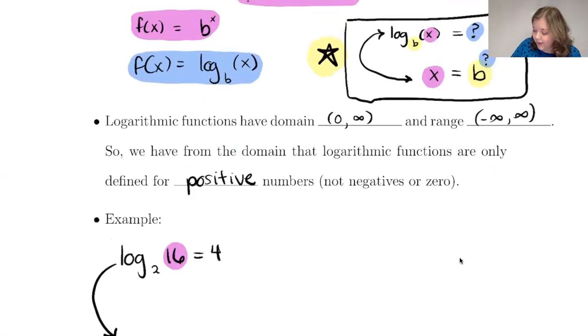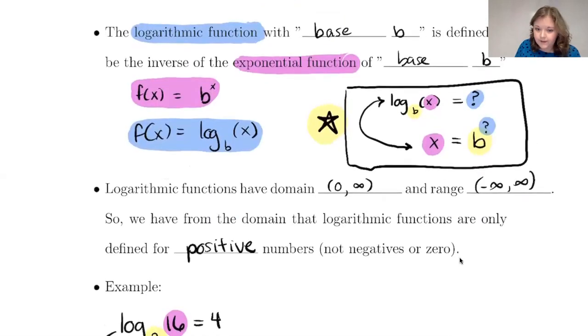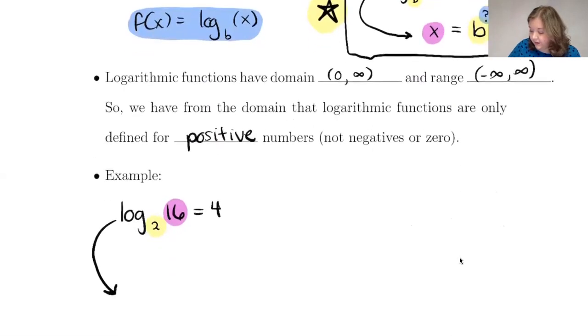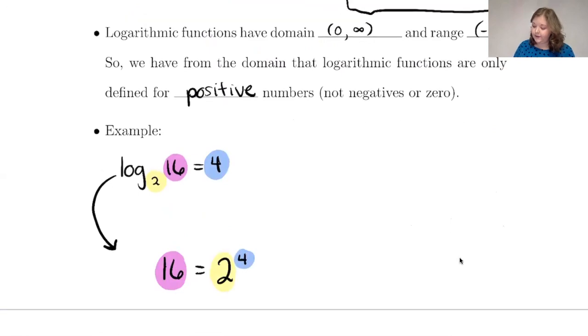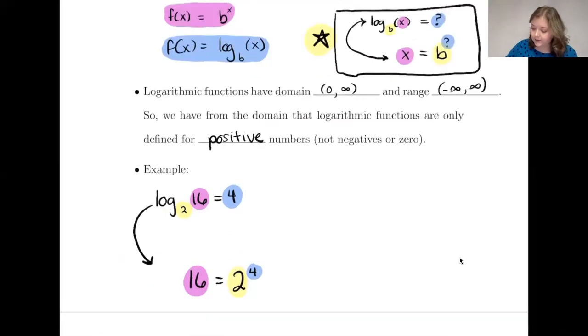Our b, or our base, would be 2. And then our question mark, or the number that it's equal to, is 4. And so we can rearrange that to become 16 equals 2 to the 4th. So the same 3 numbers, just rearranged in a different order. And so that is an example of how this property up here works.